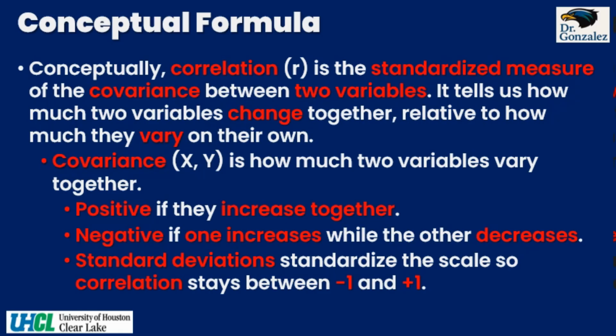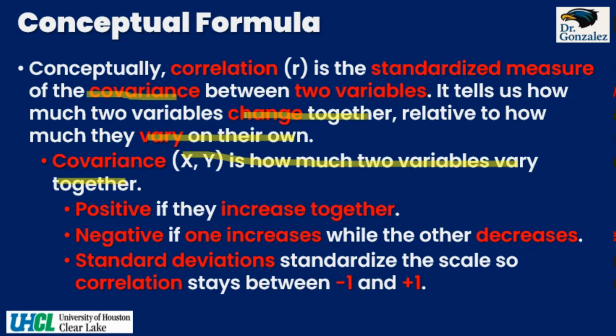So conceptually, correlation, that R value, is the standardized measure of covariance. And covariance is how much two variables vary together, okay? So correlation tells us how much two variables change together relative to how much they vary on their own. So it's a ratio. A ratio is when you put two things in a fractional formula.